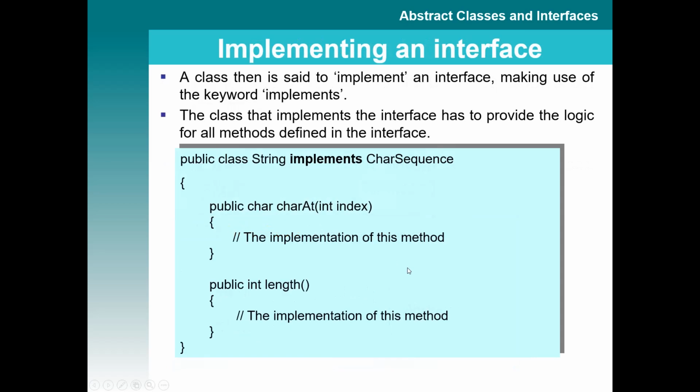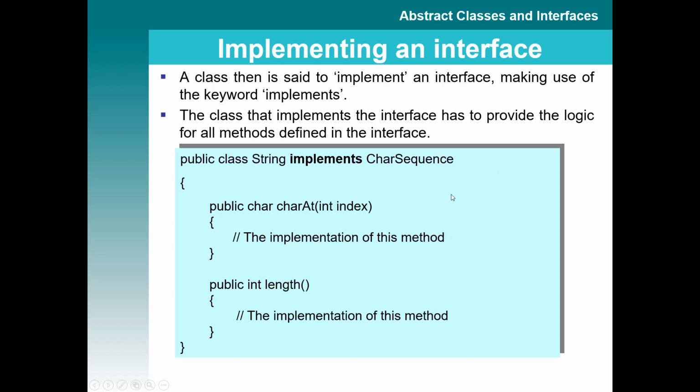So once you've created an interface, how does a class use that interface? Just like you have inheritance among classes, a class can inherit from an interface, but we don't use the keyword extends. Instead, there is a specific keyword called implements. A class is then said to implement an interface. This is also an is-a relationship, just like inheriting from a class. Class String implements CharSequence. In English, this could be said as String is a CharSequence.